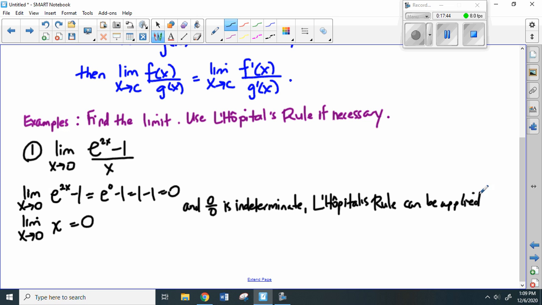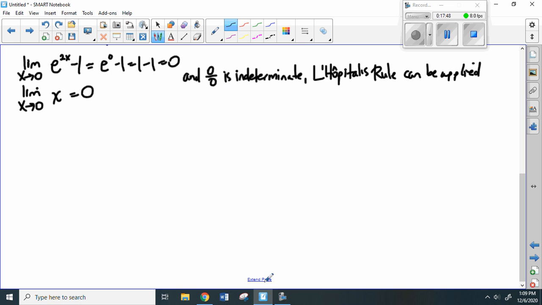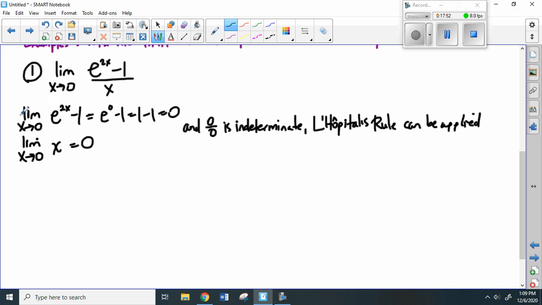To get full credit for using L'Hopital's rule on, say, the AP exam, you would have to say all of that, and you have to show that the top equals 0 separate from the bottom, because the one thing they don't want to see is equals 0 over 0. So now we're going to apply L'Hopital's rule. All that means is that you're going to take the derivative of the top.